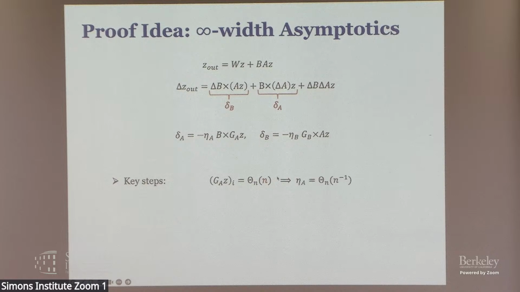And we can conclude from this that the size of the learning rate we need in order to have delta A equal θ1 is something like this: θ1 over n, right? To compensate for the magnitude of this term here. The same thing for B. So for B, we conclude that eta B should be theta of 1, right?